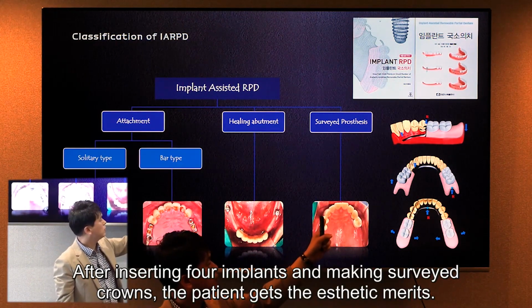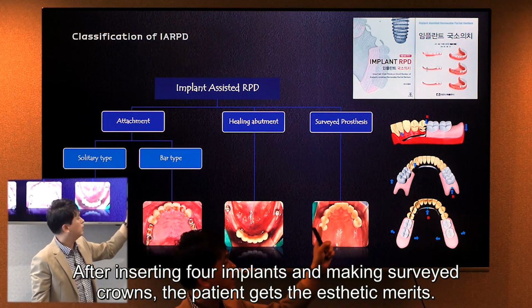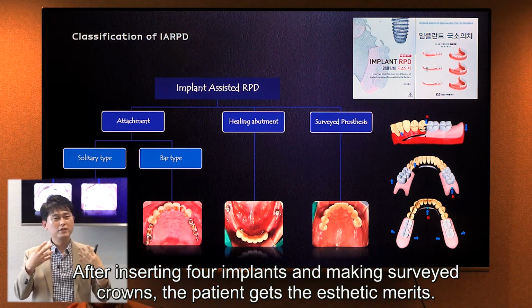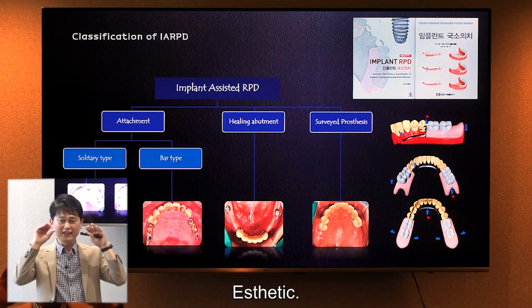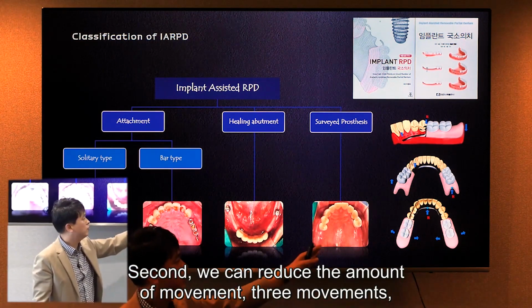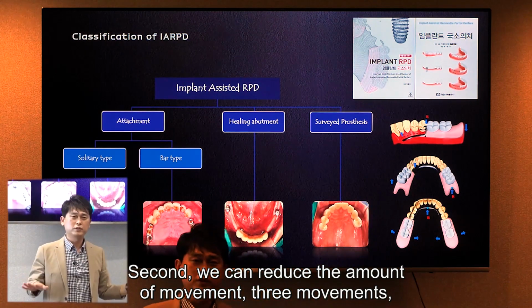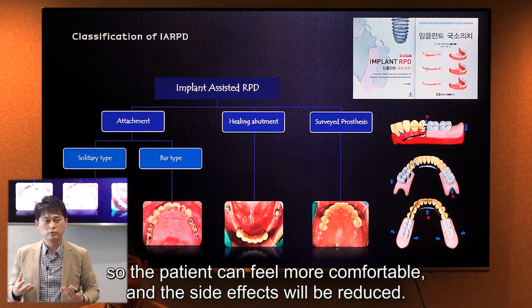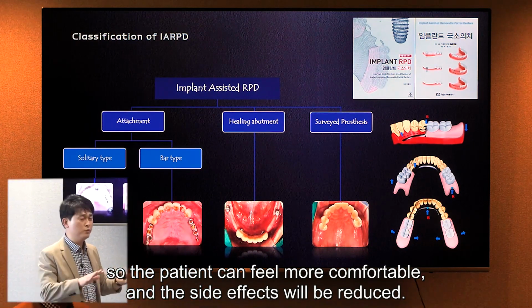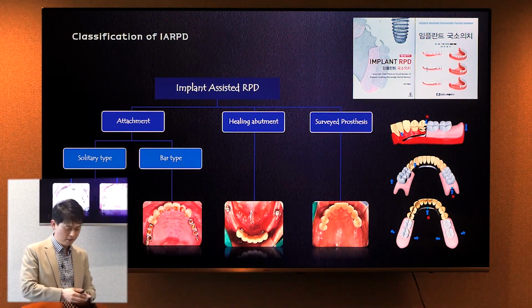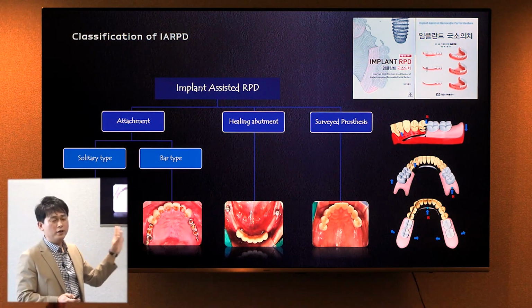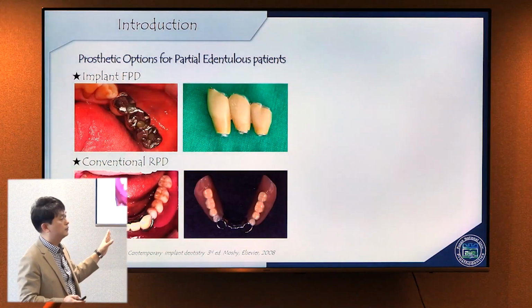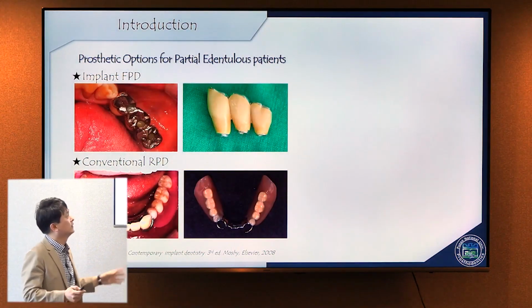Anyway, after inserting 4 implants and then making the surveyed crown, the patient gets the aesthetic merit, right? And second, we can reduce the amount of the 3 movements. So the patient can feel more comfortable, and then side effects will be reduced. Okay, I explained my concepts broadly.